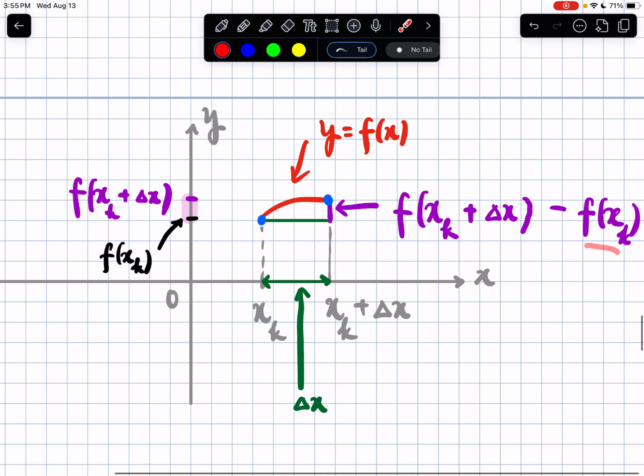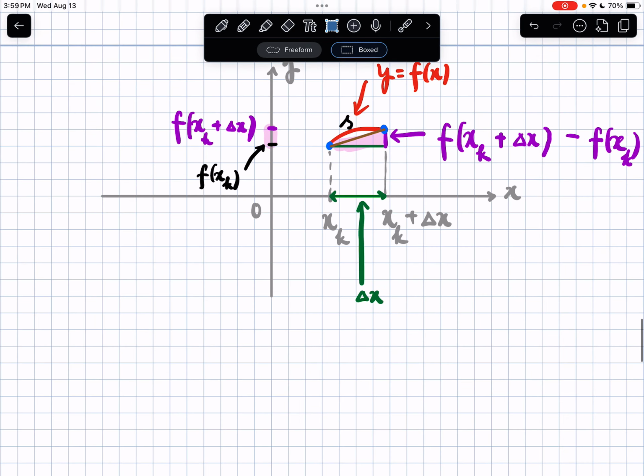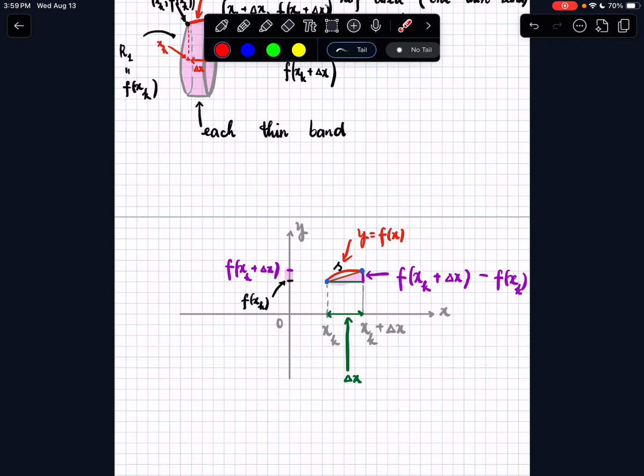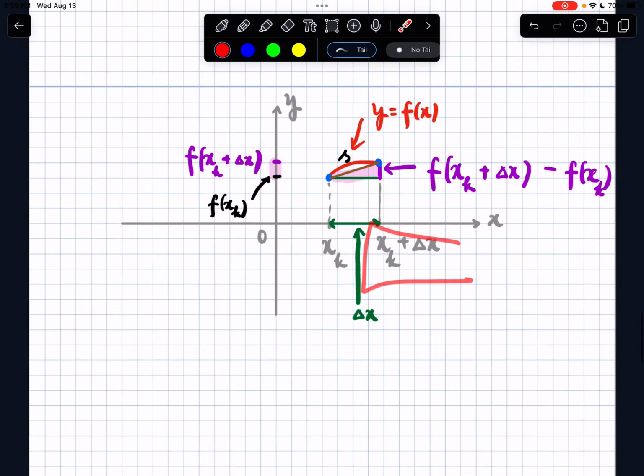We approximate the length of the curve y equal to f of x by the hypotenuse. Let S be the slant height of this thin band, the length of y equal to f of x, where x is between xk and xk plus delta x.